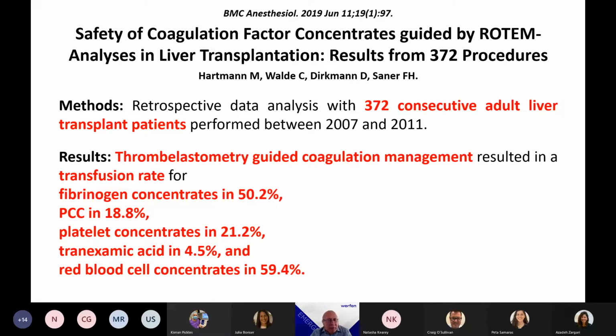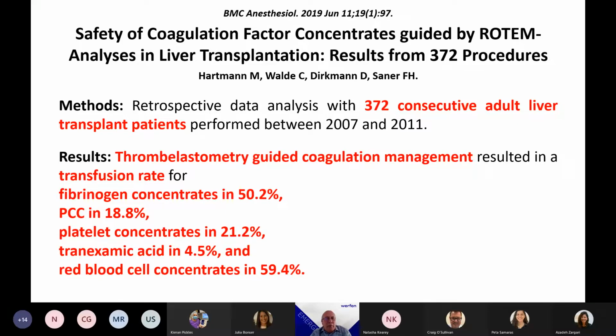Also platelets around 20%. Tranexamic acid, we stopped the prophylactic use in 1999. It's about 4.5% because we know that even if you have some hyperfibrinolysis at the reperfusion, this is usually self-limiting, and we can even use this as a predictive factor for early graft function.